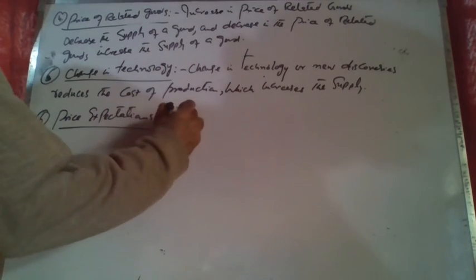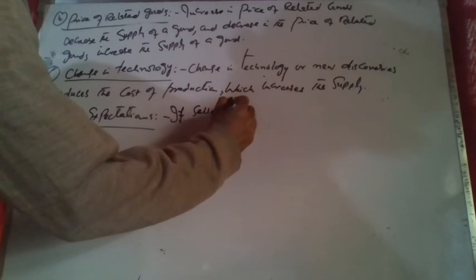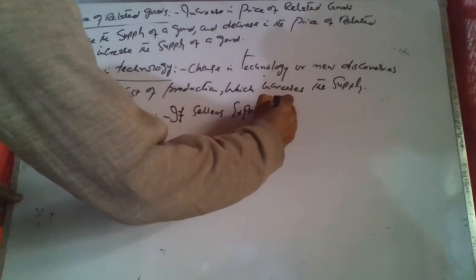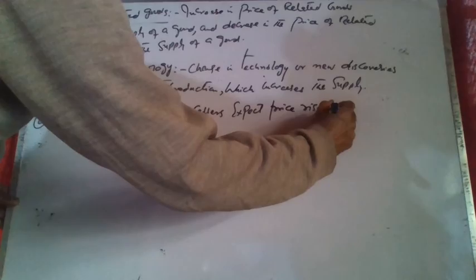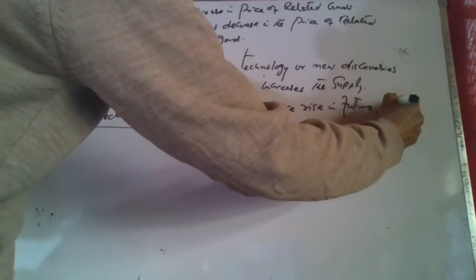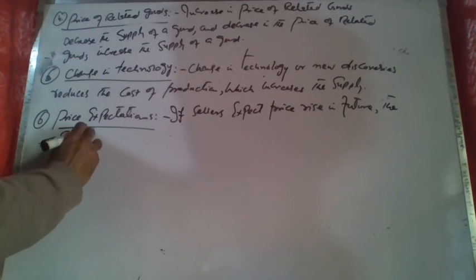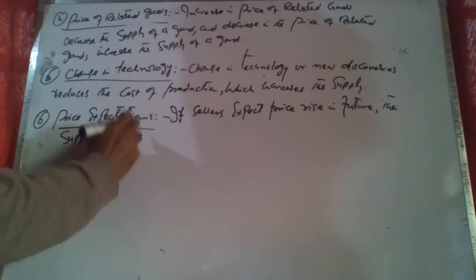So if sellers expect a price rise in future, अगर वो expect करेंगे that price will rise in future, the present supply decreases.